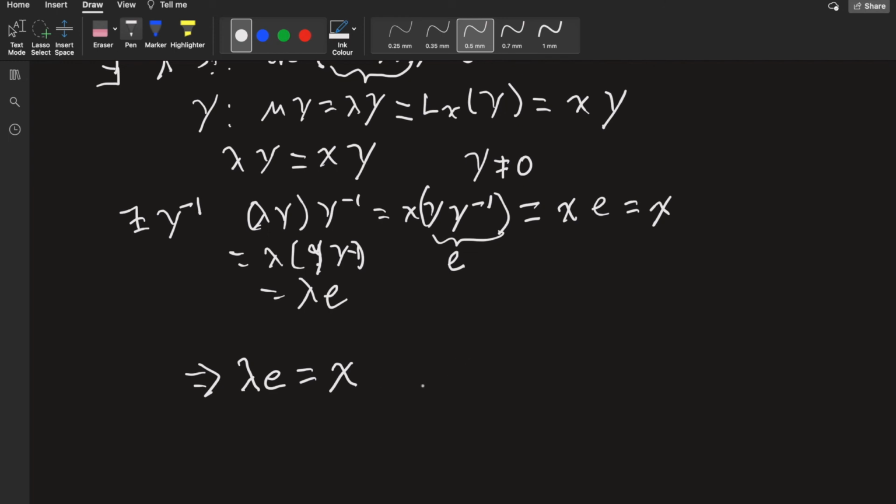We'll call them x1 and x2. What this relation tells us is that x1 equals lambda 1 E and x2 equals lambda 2 E.